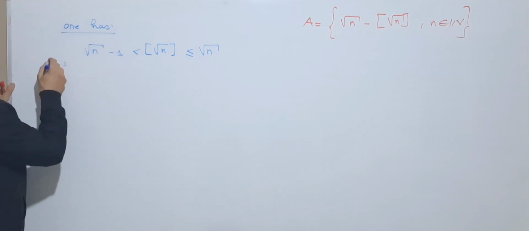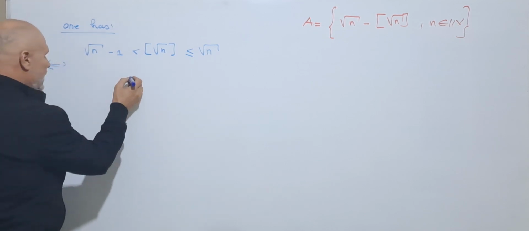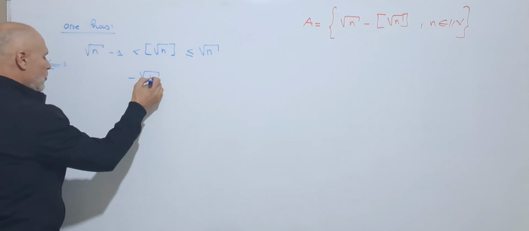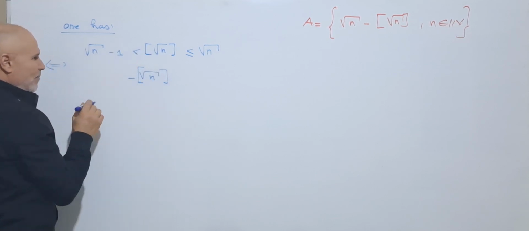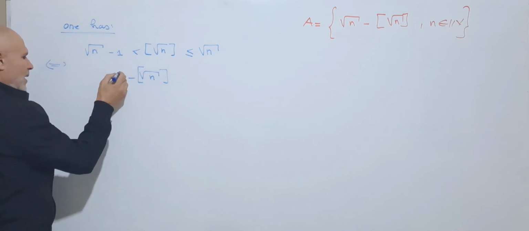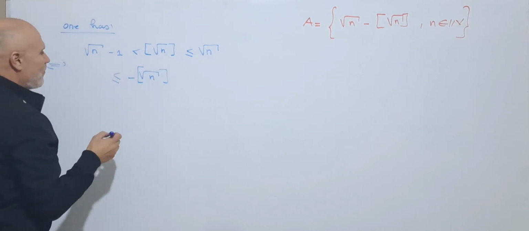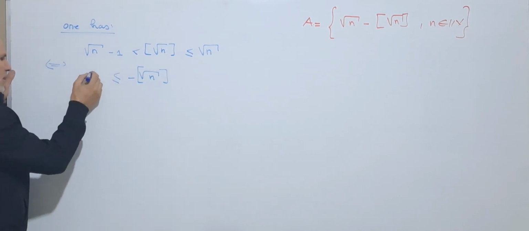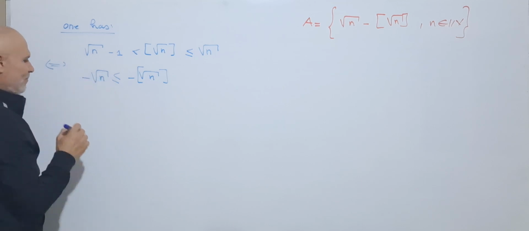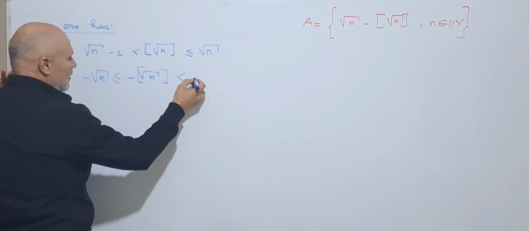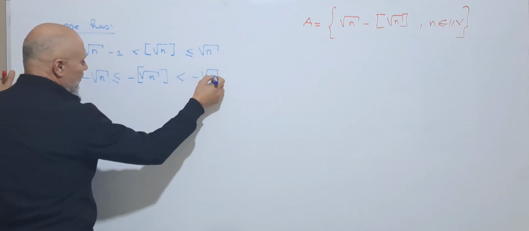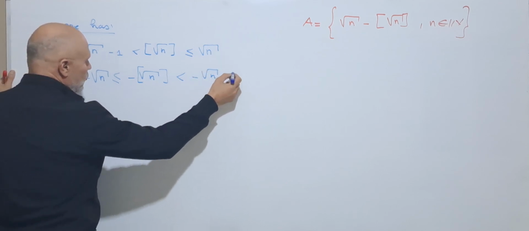If we multiply by minus 1, we get minus the integer part of the square root of n, which is greater than or equal to minus the square root of n, and strictly less than minus the square root of n plus 1.